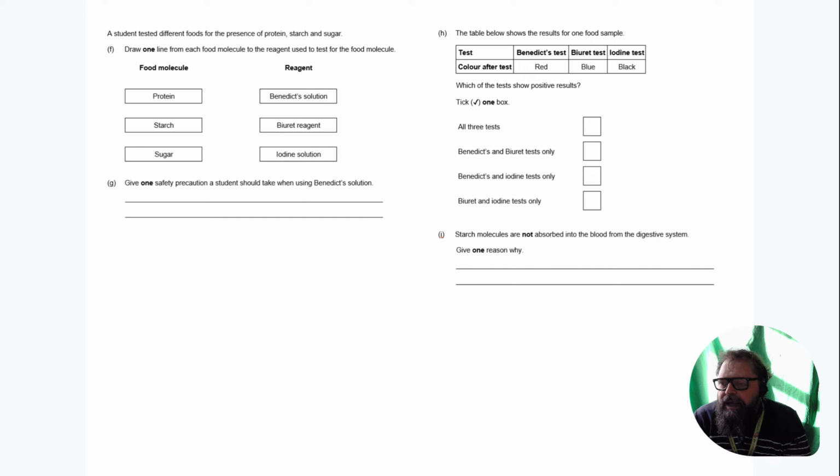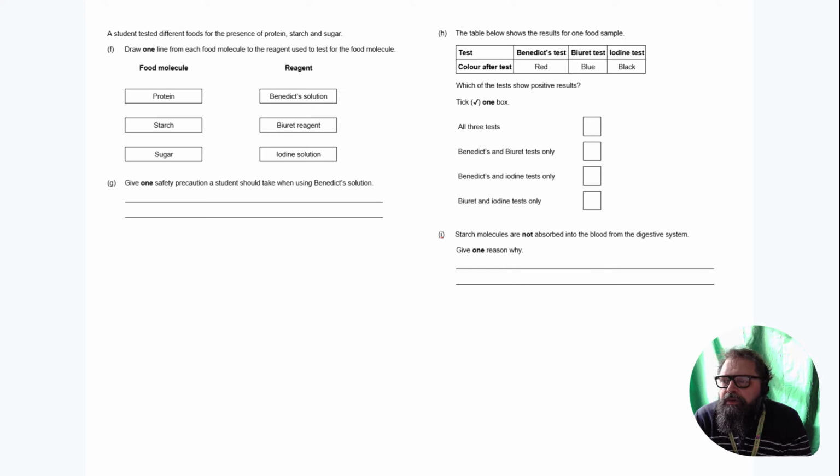The Biuret test goes purple if protein is present. So that's a good way to remember that: Biuret for protein, purple protein is the color we're looking for. And iodine is orangey brown to start with, and it goes blue-black in the presence of starch.